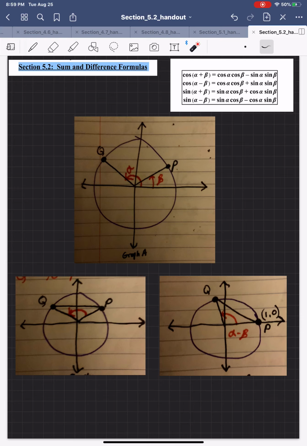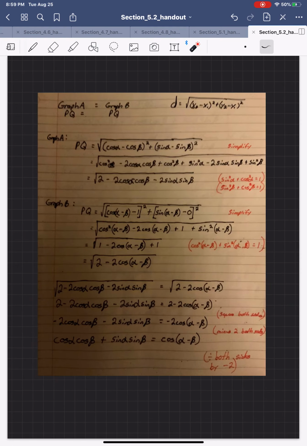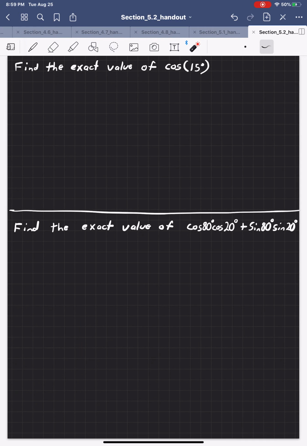Now, the good news is all you need to be able to do is know how to use them. So how might a question look, and when would you need to use these? Very good question. Are you ready? Assume that you want to find the exact value of cosine of 15 degrees. Let's notice a couple things.